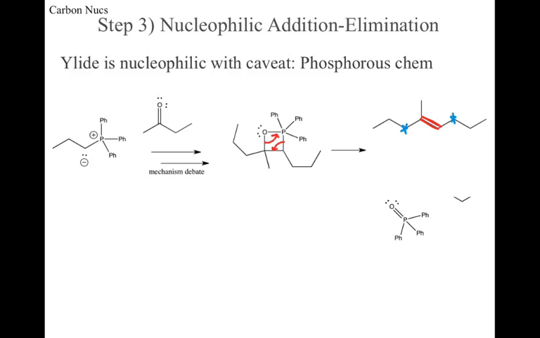What type of pi bond did we just make? We have the trans or E product that came out of this. Did we have to form the E product? Turns out no. We could have also formed the Z product. The Wittig reaction generates both isomers in this reaction, so we have to be aware of that.